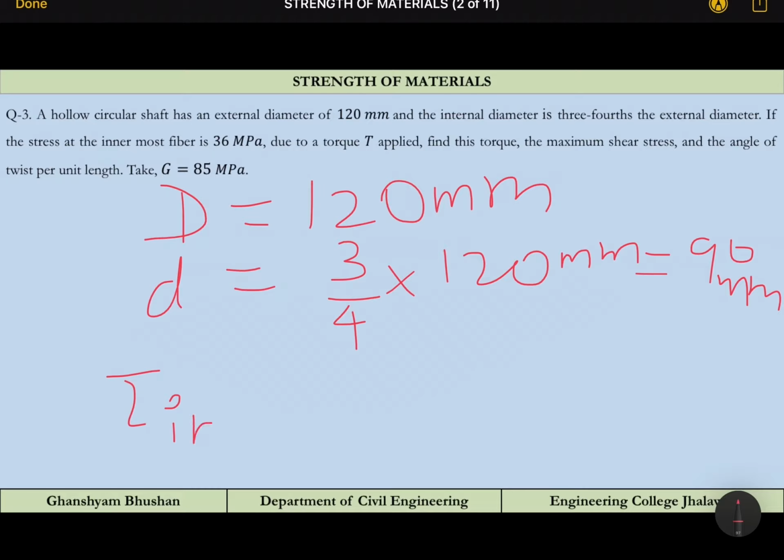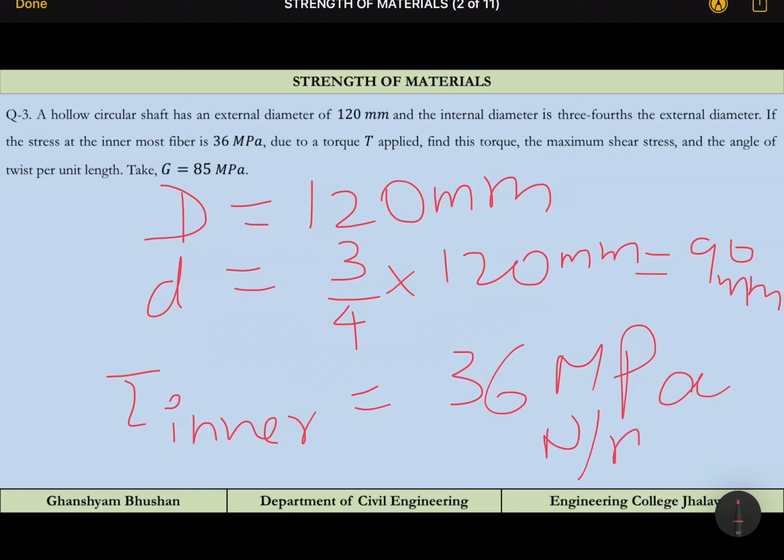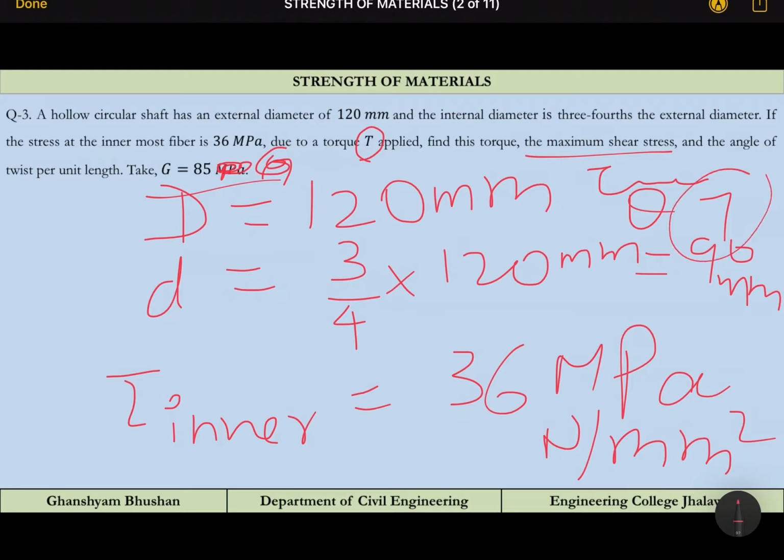Tau at the innermost fiber is given as 36 megapascal, or 36 Newton per mm square. G is 85 megapascal. I think this is GPa, not MPa, we will see in the solution. So we have to calculate first T, then tau max and the angle of twist.